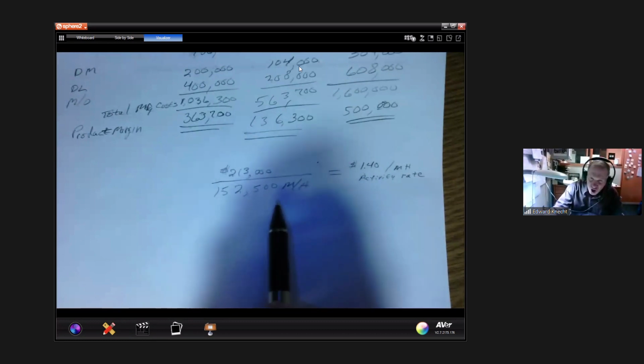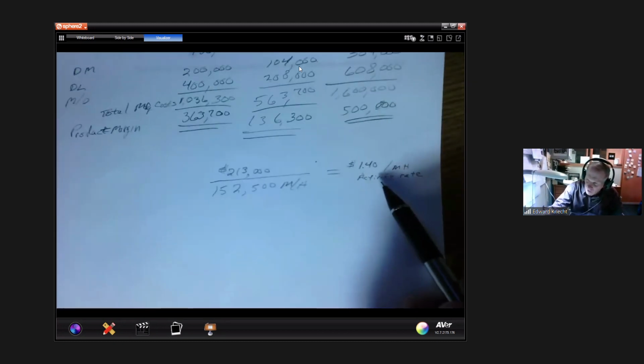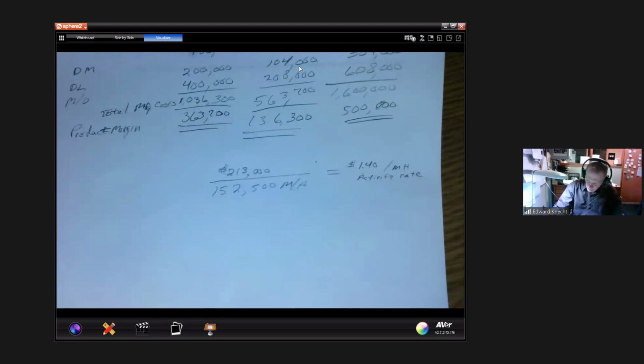They told us machine hours is going to be the allocation base. So then we figure out the activity rate, $1.40 for each machine hour.